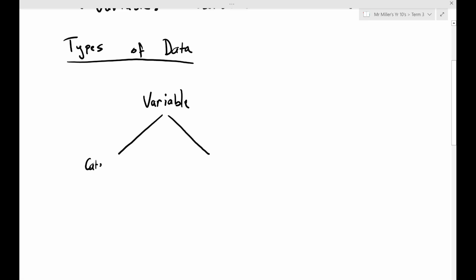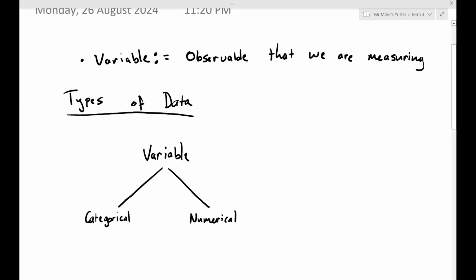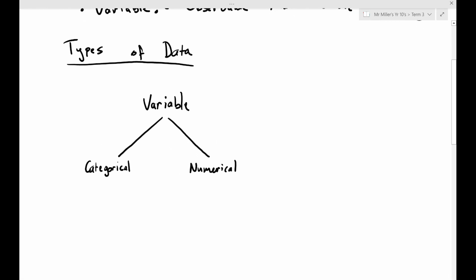a categorical variable or it could be a numerical variable. Just for example, a categorical variable would be an observable that I'm measuring that is a category. Let's say I go into the school's staff car park and I want to conduct an experiment to gather data about the different colors of cars that teachers at our school have.